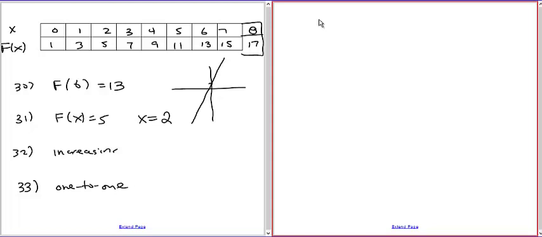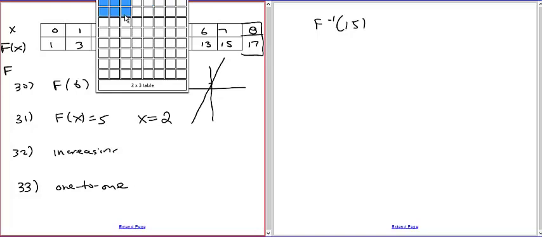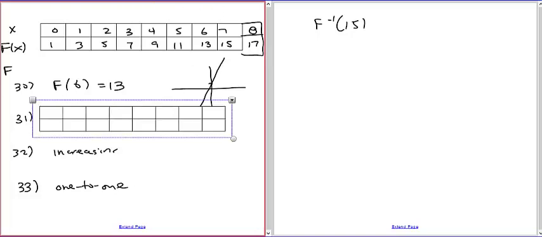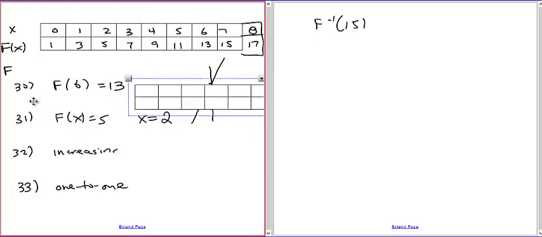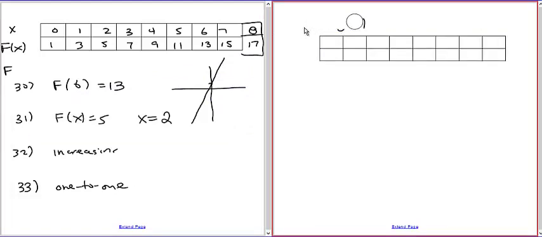Then it says find the inverse function, the value of the inverse function at 15, f inverse at 5. So if you think about the inverse function, I'd have to draw another table. So let me just do that. You still have x and you have f inverse of x.